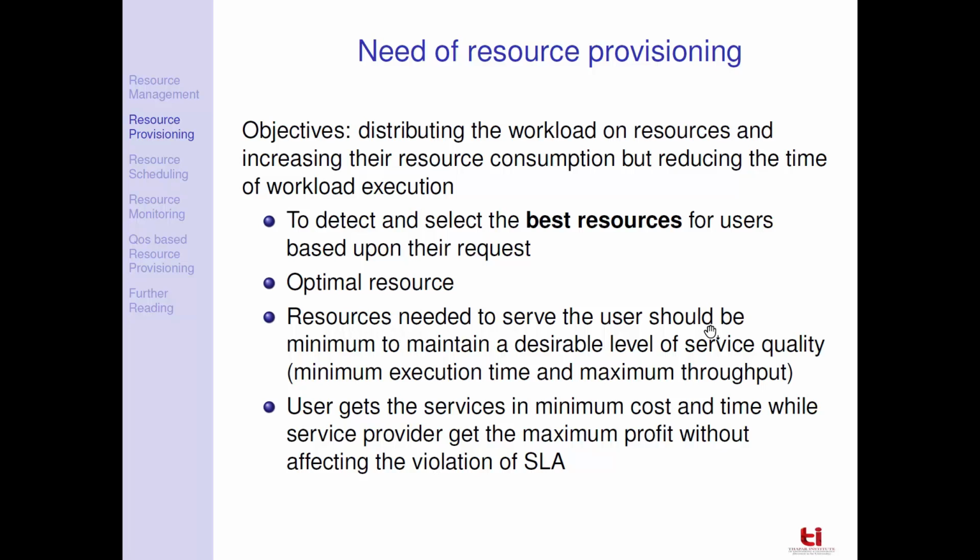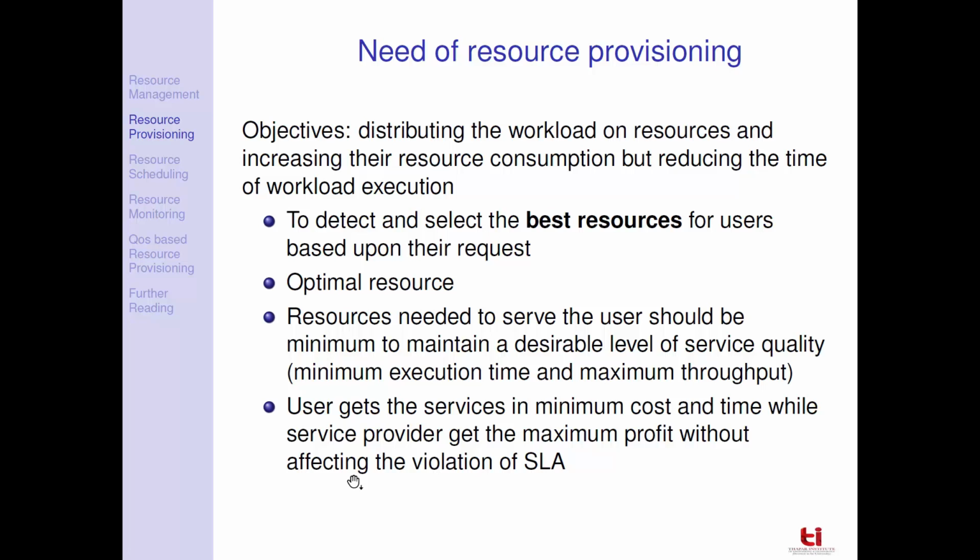The resources needed to serve the user should be minimum to maintain a desirable level of service quality, minimum execution time and maximum throughput. For minimum execution time, the more resources are allocated, the lesser will be the execution time. But to maximize the throughput, more users need to be served with the same amount of resources.